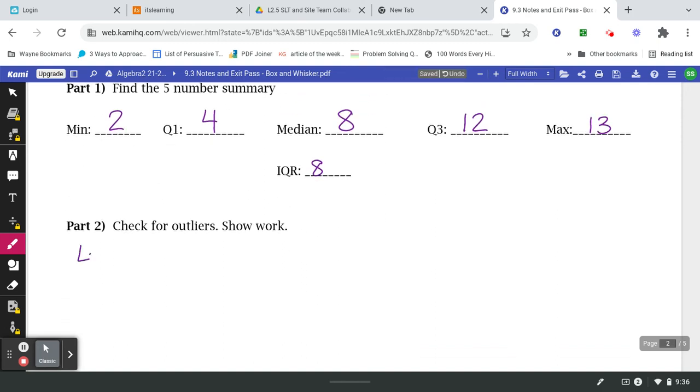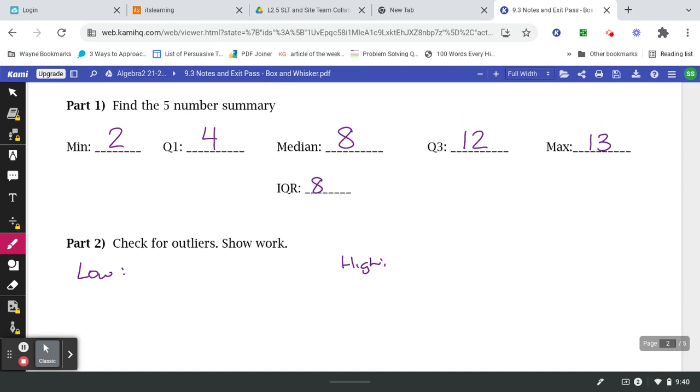Checking for outliers again. Again, you got to do the low and the high, so you can find the boundary on each side. All right, so the low boundary would be Q1, high boundary. Right, so 4 minus 1.5 times 8, and 12 plus 1.5 times 8.